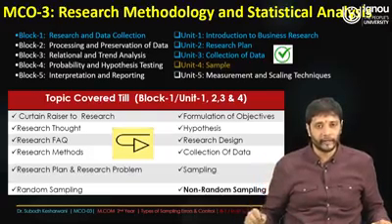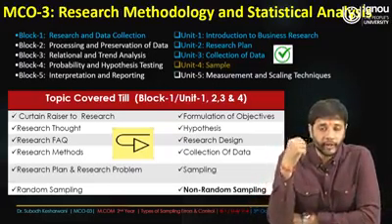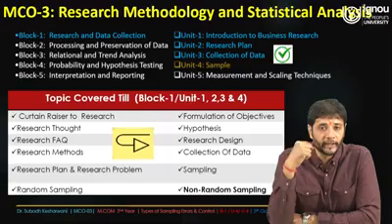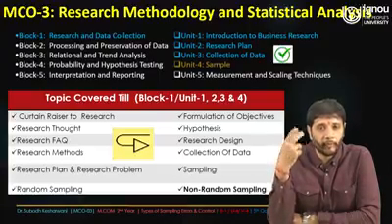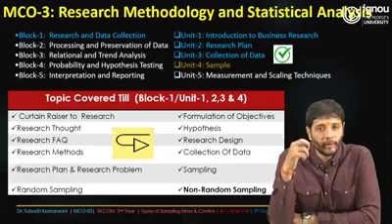Collection of data is there, how you are going to collect the data, either in a primary data mode or in a secondary data mode. Then sampling comes into the picture, which talks about the sample size, the census, the population, how you are going to do random sampling, and the methods of sampling, that is probability sampling and non-probability sampling. And then finally we are here to talk about statistical errors or sampling errors.